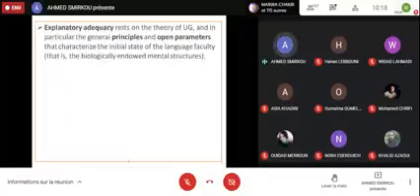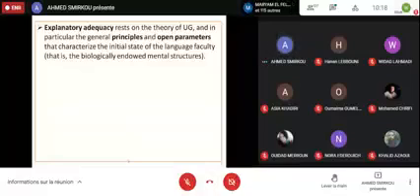So explanatory adequacy rests on the theory of universal grammar, and in particular the general principles and open parameters. So explanatory adequacy considers the principles, the universal features that languages share, and the parameters that characterize the initial state of the language faculty. So explanatory adequacy tries to come up with the properties that are universal.